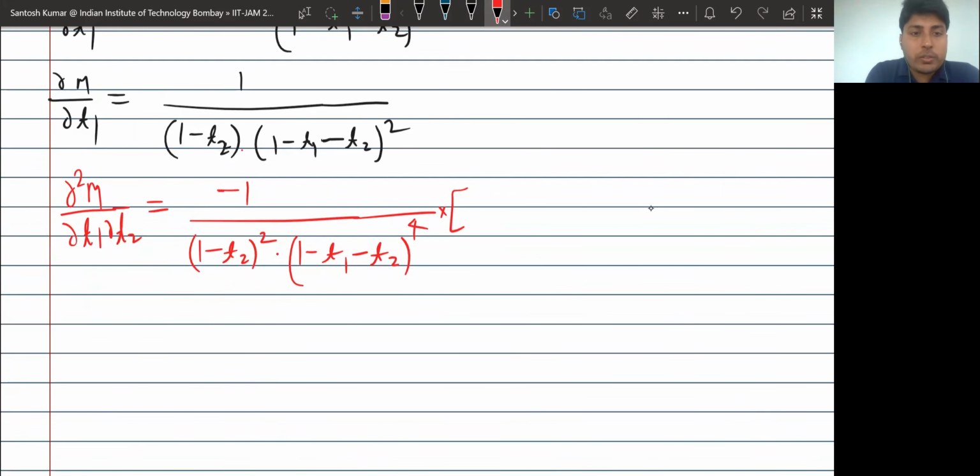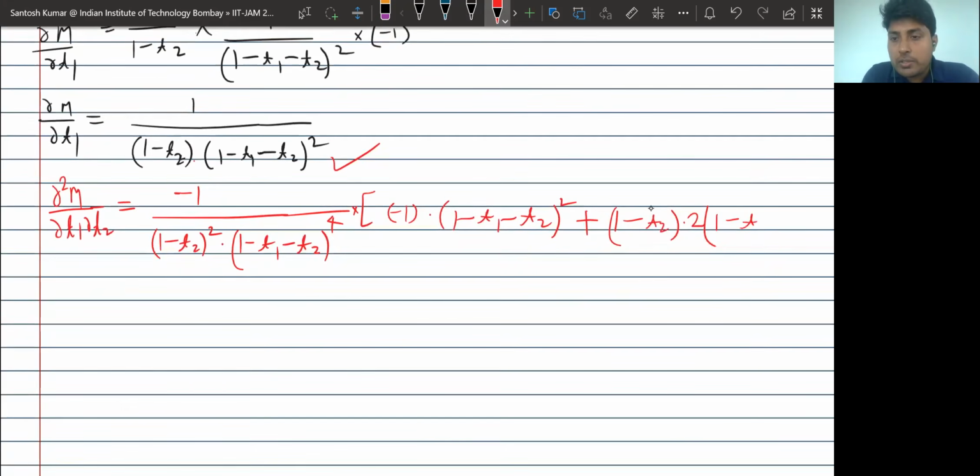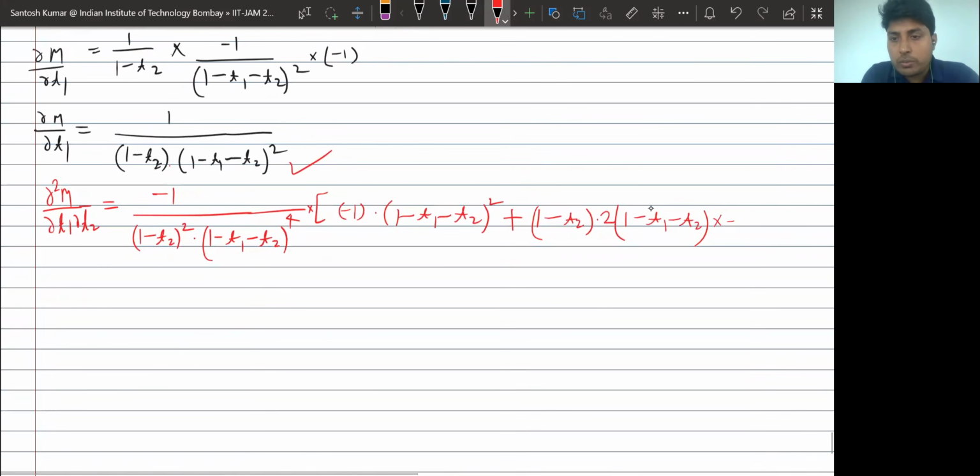Let's use the product rule: the derivative of 1 minus T2 is minus 1 with respect to T2, and the rest as it is, 1 minus T1 minus T2 whole square, plus 1 minus T2 as it is, and the derivative of 1 minus T1 minus T2 whole square, which is 2 times 1 minus T1 minus T2, into minus 1, the coefficient of T2.